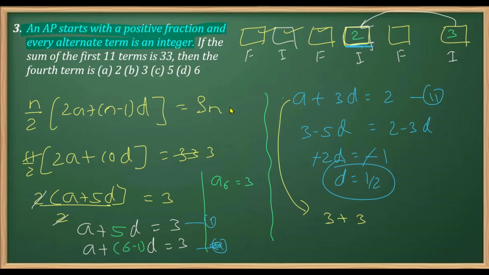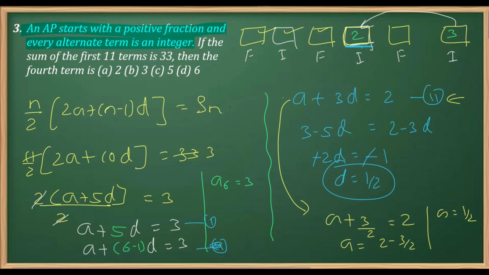I had to keep a as a and replace d with half. I've just placed the value of d here. So it's 2 minus 3 over 2, so a comes out to be half.